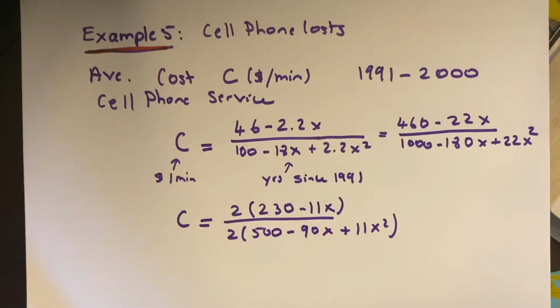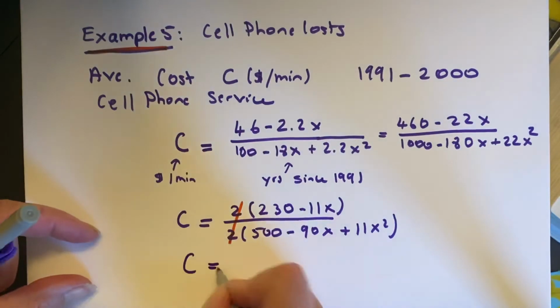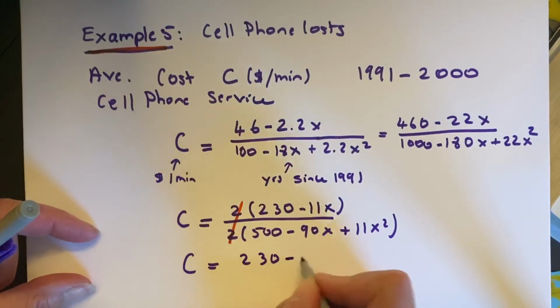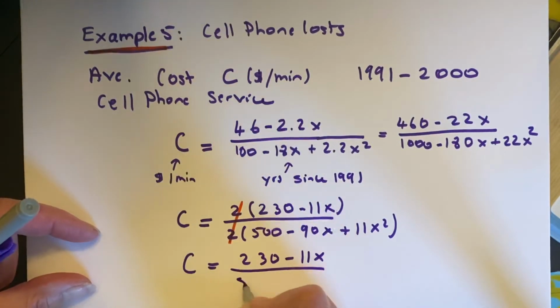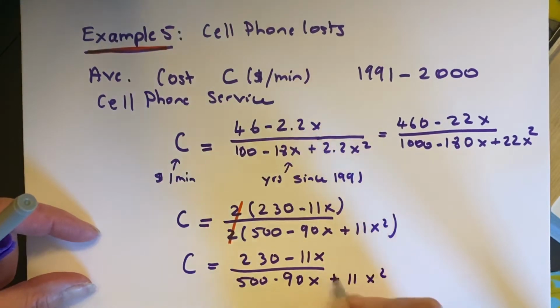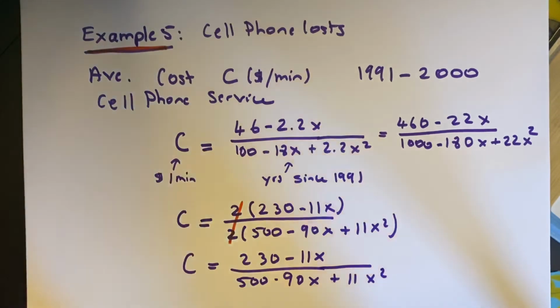It doesn't look like it can be simplified any further, but we can cancel out this 2. So our answer is just simply C equals (230 minus 11x) divided by (500 minus 90x plus 11x squared). All this was really is just an exercise in simplifying the model.